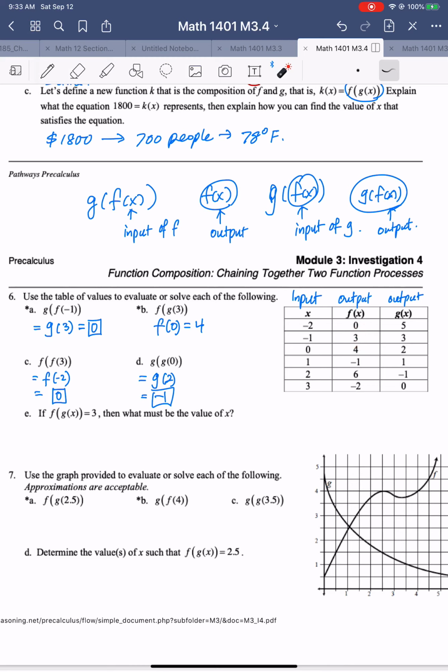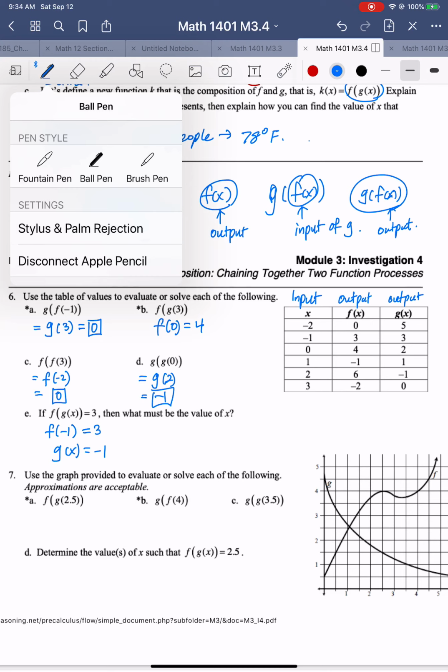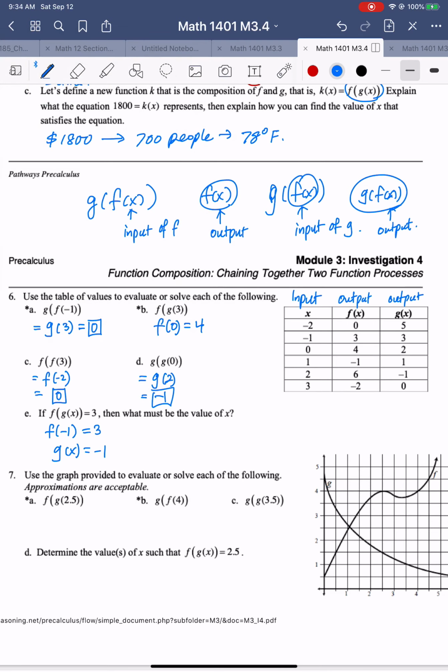So the input is -1, which means f of -1 is 3. Now the -1 is equal to g of x, so g of x equals -1. So -1 becomes the output for the g function. The output for the g function is right here, and what's the input? The input is 2. So x should be 2.